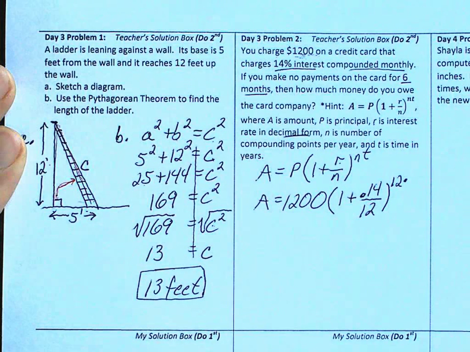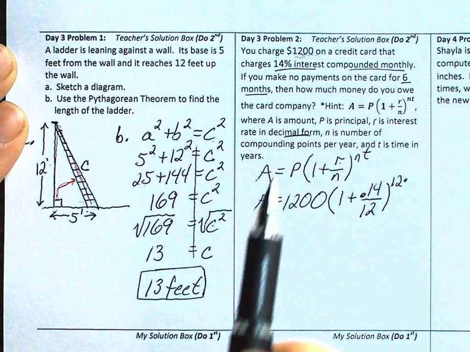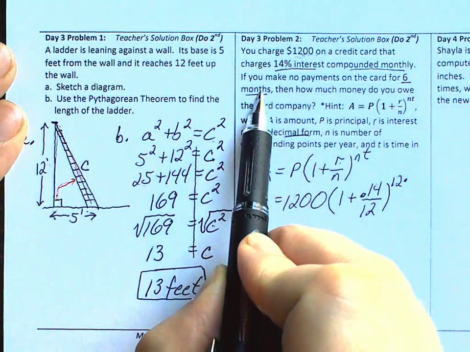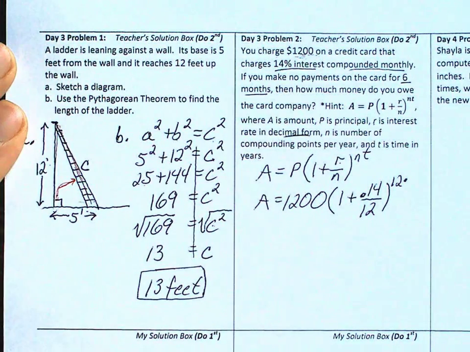time in years. How much time is going by that we are owing the credit card company this money, and all during this time, they keep compounding our interest or adding to the interest that we owe them every month. It says that we don't pay them for 6 months. So the time that goes by is 6 months.